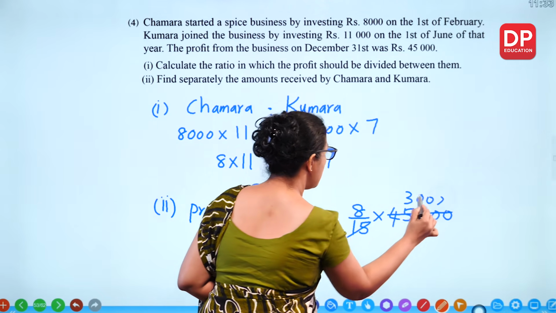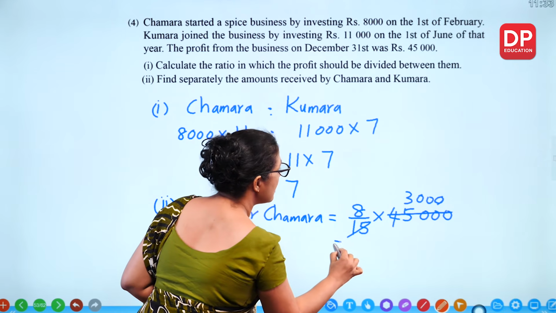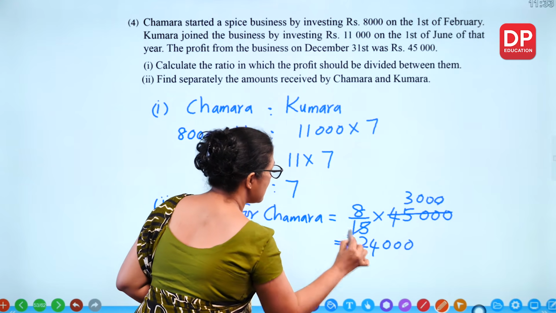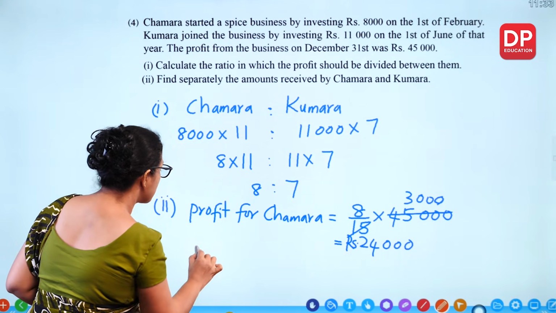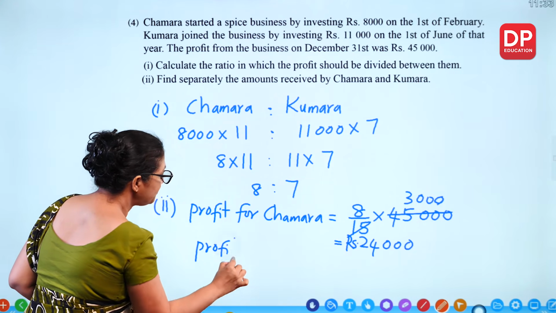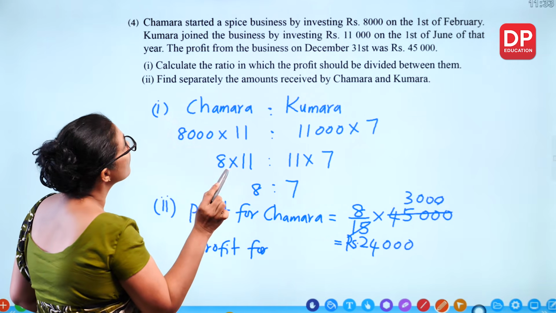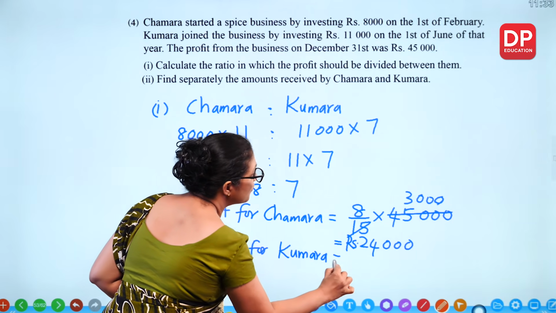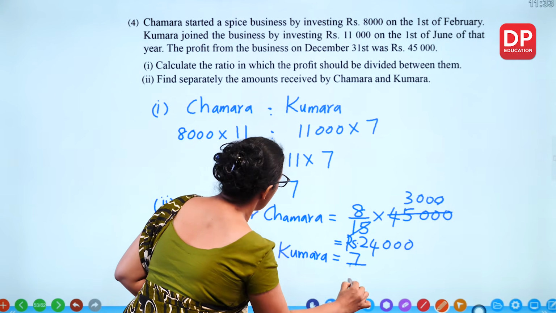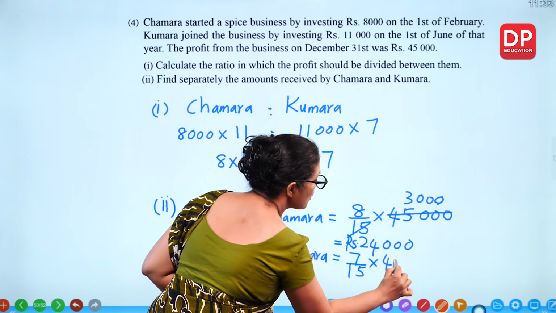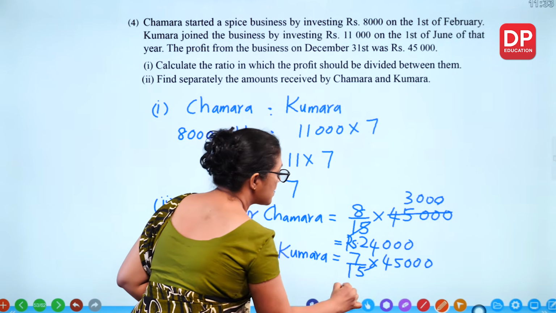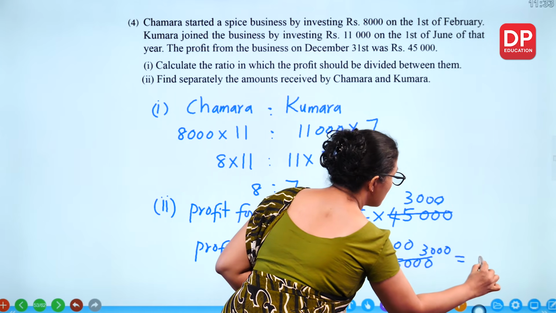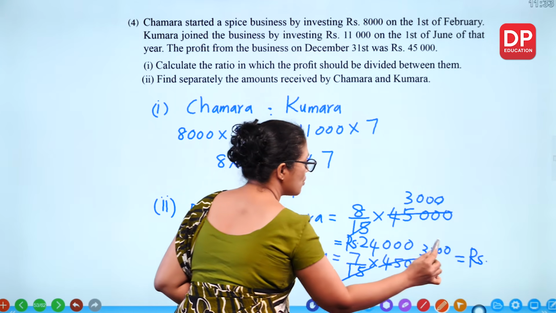So that's 3,000 into 8. 24,000 rupees. That's profit for Chamara. So what's the profit for Kumara? 7 out of 15 into 45,000 rupees. That's 3,000 into 7. 21,000 rupees.